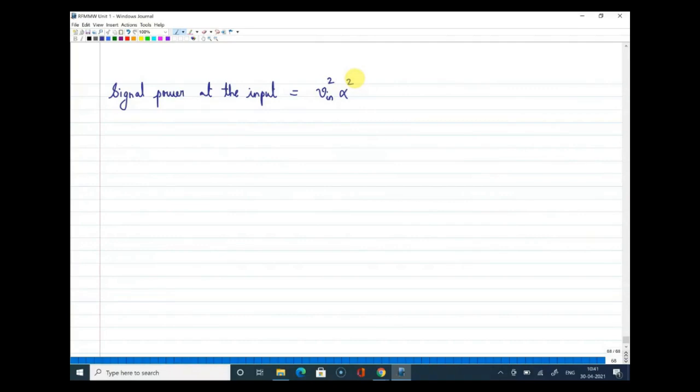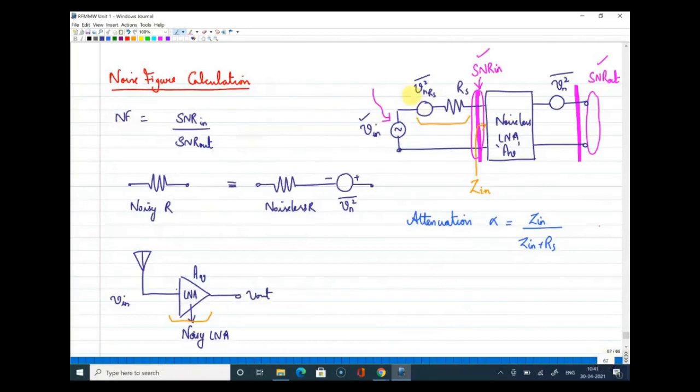Now maybe you'll be wondering why I did this. Alpha square is just to adjust the dimensions, so V in square should be multiplied by alpha square. Now similarly, if I write noise power at the input, the noise voltage at the input side is Vn Rs square.